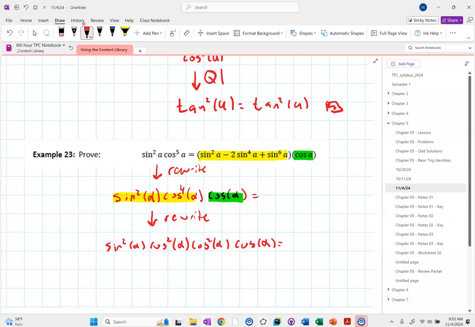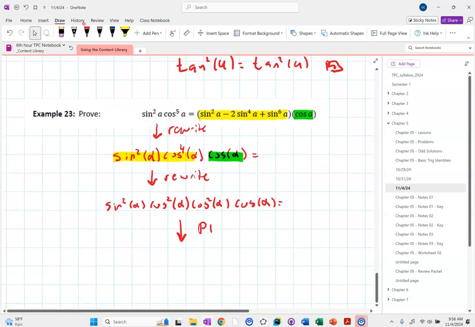Does that feel okay, what I did there? Now, the reason I wanted to do that is because I have a way to take cosine squared and write it in terms of sines. What identity will help me do that? P1, right?